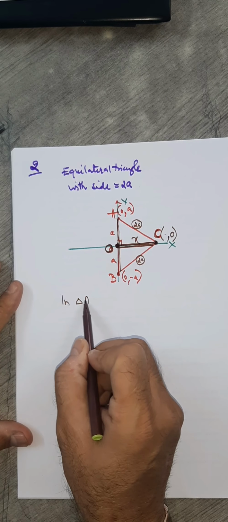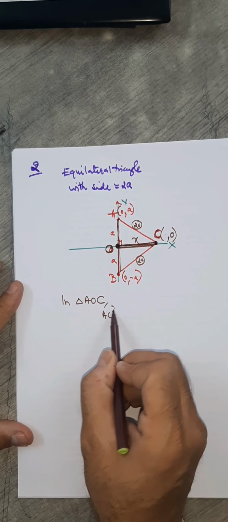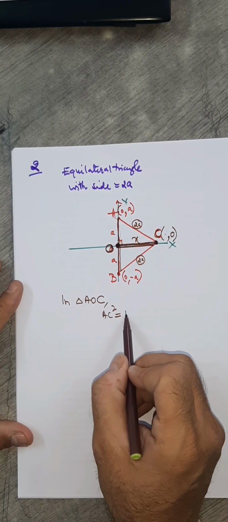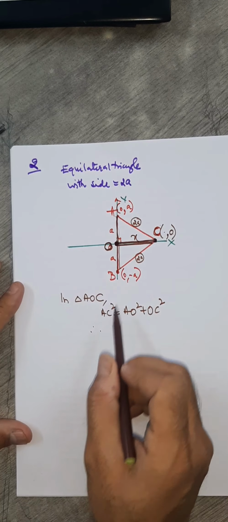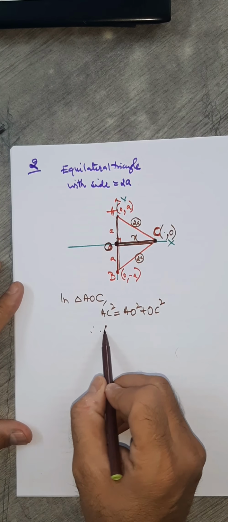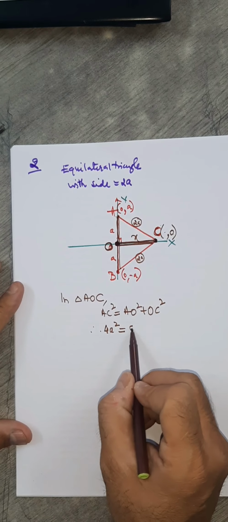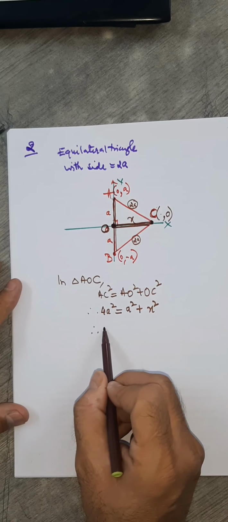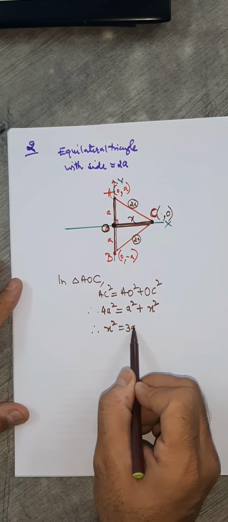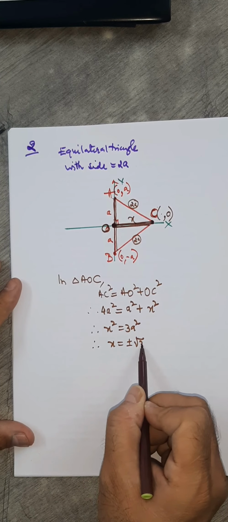In triangle AOC, by Pythagoras, AC square equals AO square plus OC square. What is AC square? It would be 4a square. What is AO? That is a, so a square, and this is x square. So x square will be 3a square, so x will be plus or minus root 3 a.